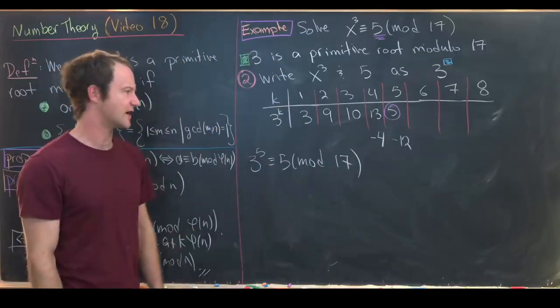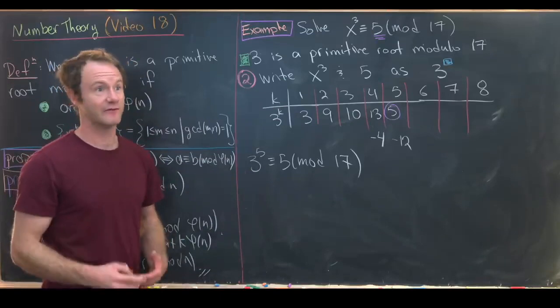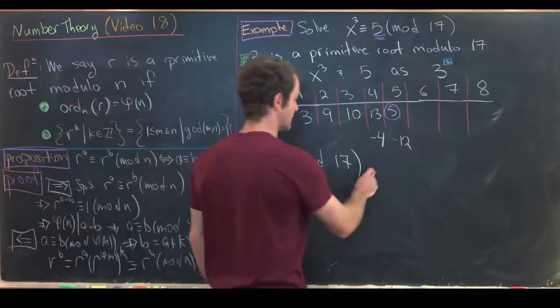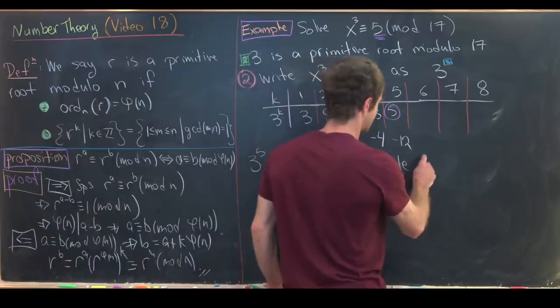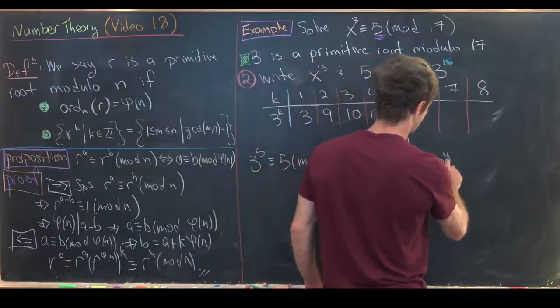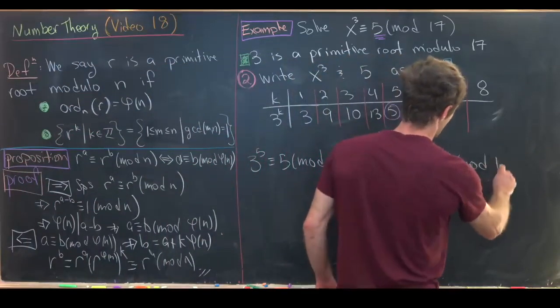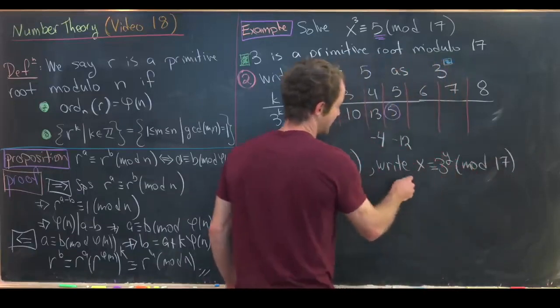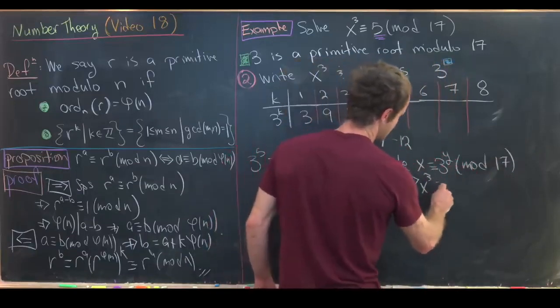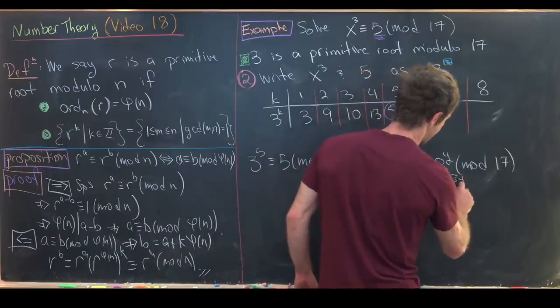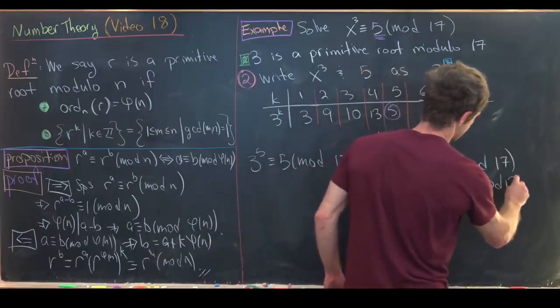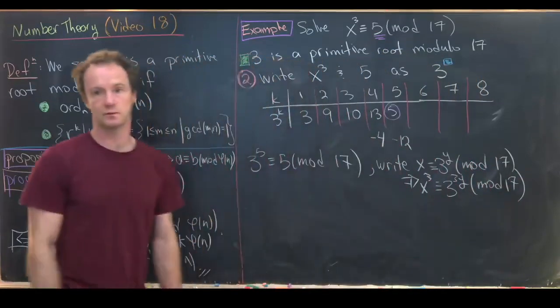Well, notice we've got a variable there, so we have to have a variable in our rewriting as well. So let's start by writing x as 3 to the y mod 17, but that tells us that x cubed is 3 to the 3y modulo 17, just using exponent rules.